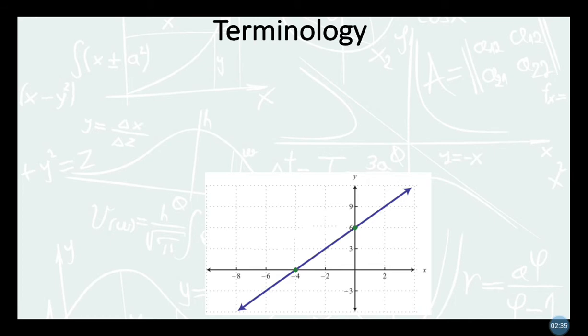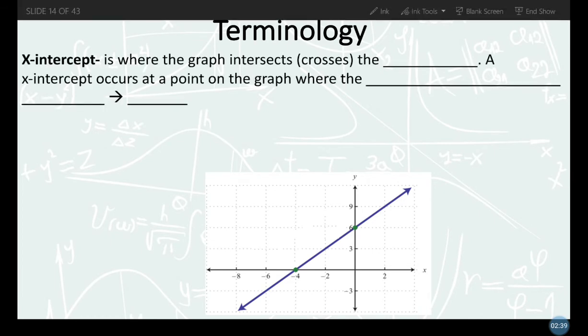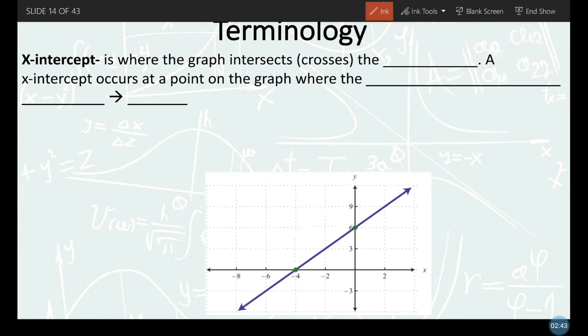So some terminology here. An x-intercept is where the graph intersects or crosses the x-axis. An x-intercept occurs at a point on the graph where, as we just said, the y value is equal to 0.